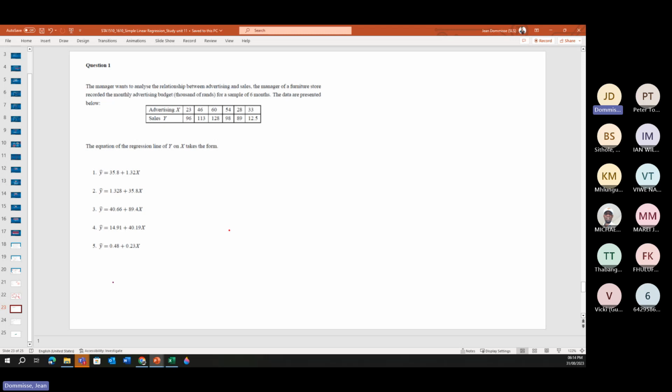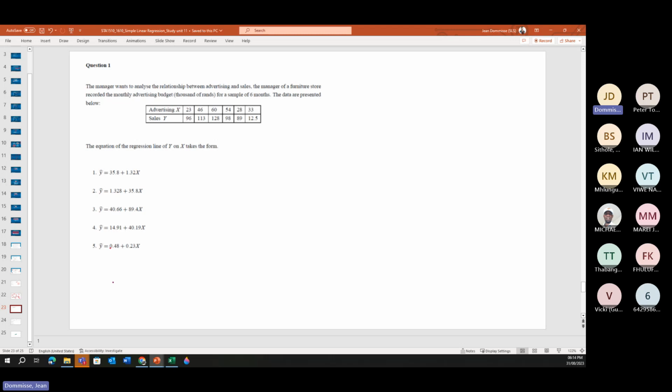Okay, so let's look at a few problems that we will use Excel for. In this one, basically they give us a data set of X and Y, and then they ask us which equation of the regression line will be the best.